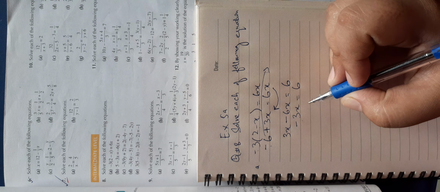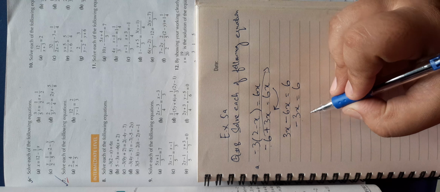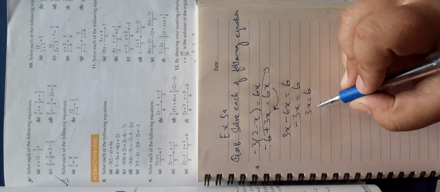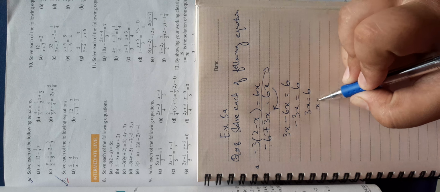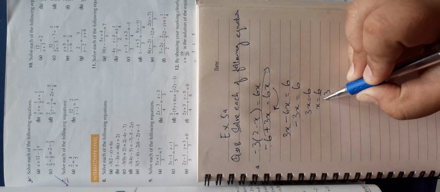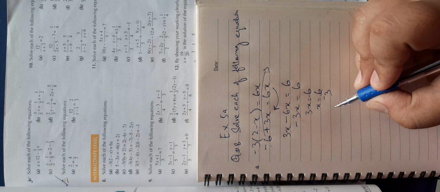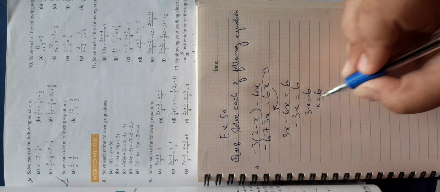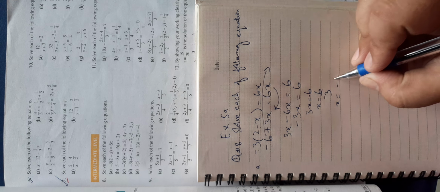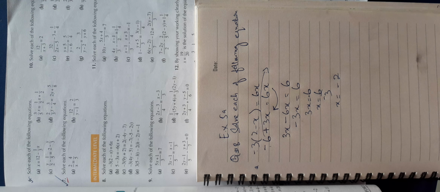Later on, we move this negative sign to the other side of equality, so 3x equals 6, and we divide: x equals 6 by minus 3, and what we get here is x equals minus 2. 3 1s are 3 and 3 2s are 6.